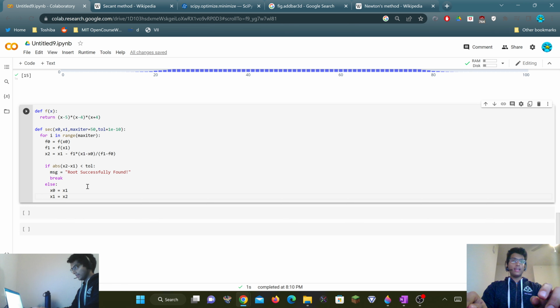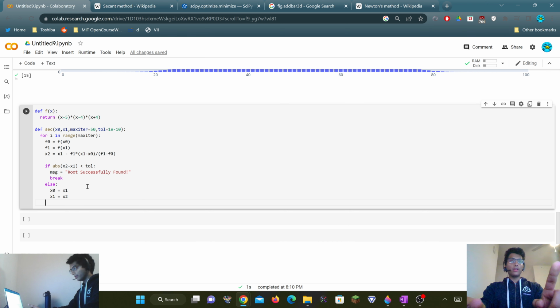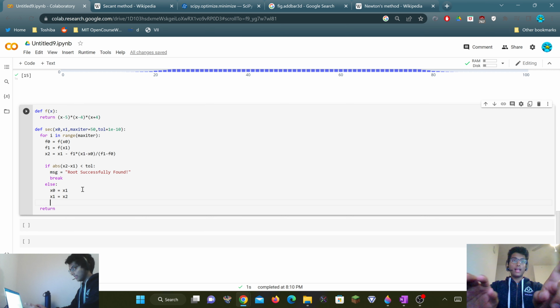So we update the guesses. x naught equals x1, x1 equals x2, and then we run the loop again. And so what I want to return, oh, and I also want to say if on the last iteration we can't find it, root equals root could not be found.